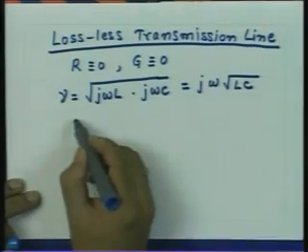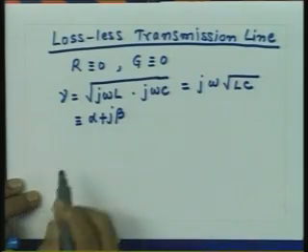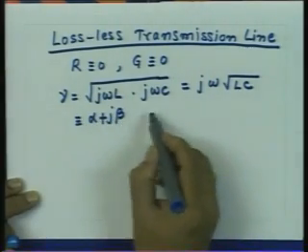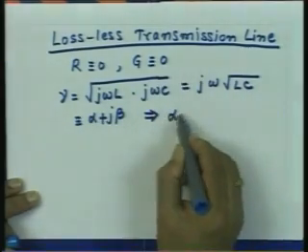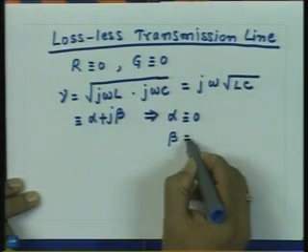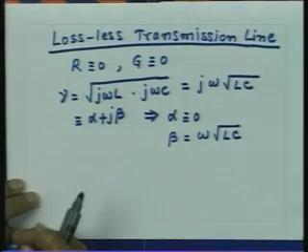Now, by definition gamma was equal to alpha plus j beta, where alpha was the attenuation constant and beta was the phase constant. So, for the lossless case, alpha is equal to 0 and beta is equal to omega square root LC.